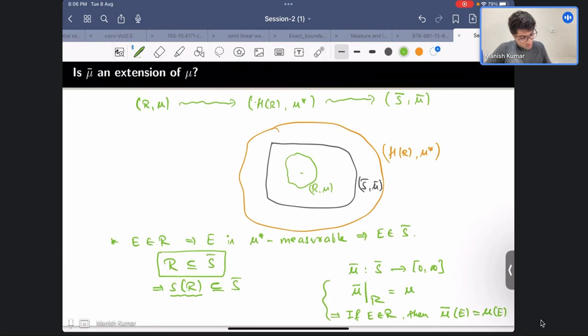This basically says that this mu bar is an extension of the initial measure mu, right? And this is what we wanted, that initially we had some measure with some domain R, which was the ring, and then from there we constructed this S bar and mu bar. In this way, mu bar is called an extension of the measure mu.